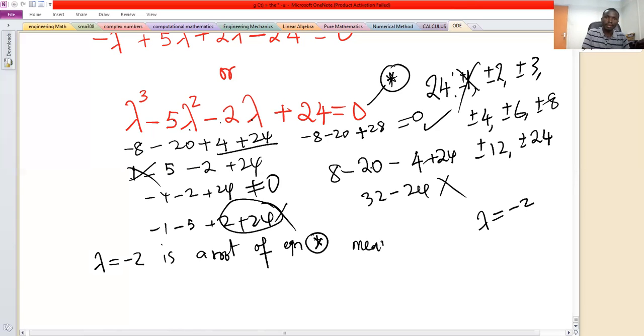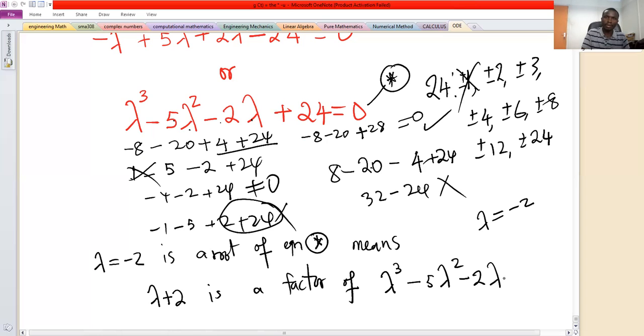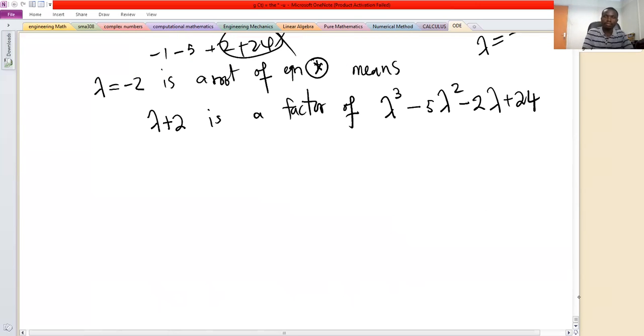Taking this to the right, to the left will be lambda plus 2 is a factor of this left-hand side, lambda cubed minus 5 lambda squared minus 2 lambda plus 24. That's the implication. So we use long division to get the other factor.